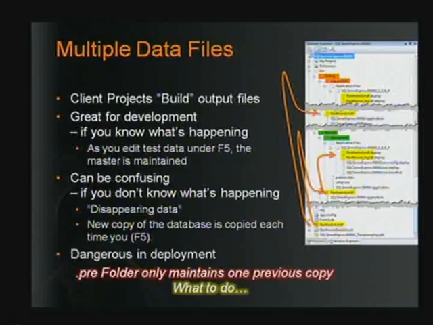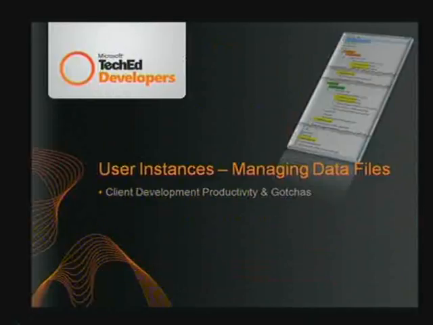I install this app on my machine. I've got version 1. I now want to get version 2. Well, data files usually allow the users to enter data in there. I don't want to lose that data. So we have to start managing it a little bit differently than just file management. So let's take a look at how this kind of plays out.